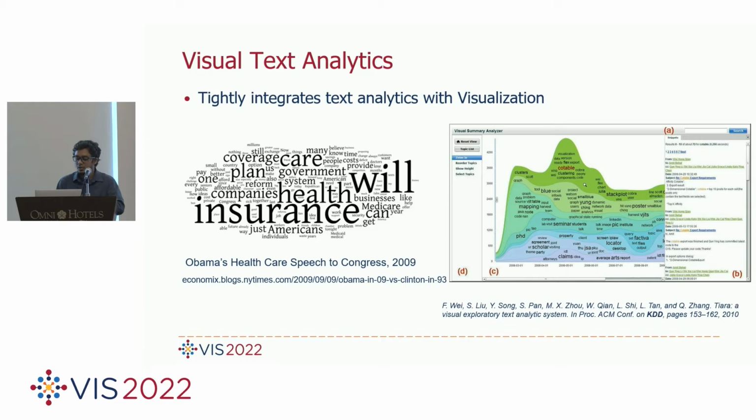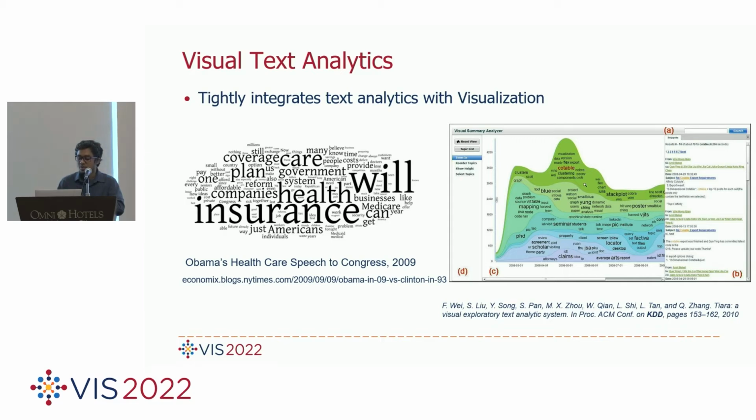Rather, there are some other applications that we could think about. For example, this is a visualization system called Tiara, where they have also introduced the time dimension in addition to the textual content. So they are trying to visualize how different topics in a large document collection are evolving over time. Each color strip represents a topic.